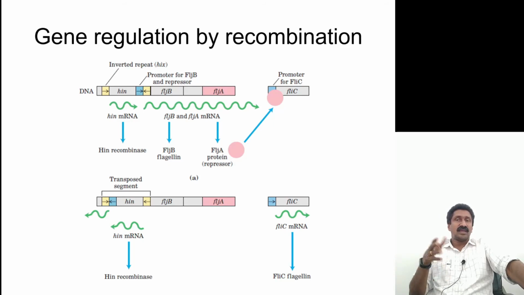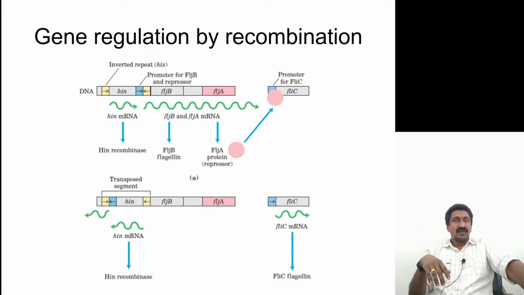So this will be a nonsense mRNA, not the required flagellin gene. In effect, fljB and fljA are not coded here, whereas starting from this gene, the Hin mRNA can be coded again, and Hin recombinase will be produced again.